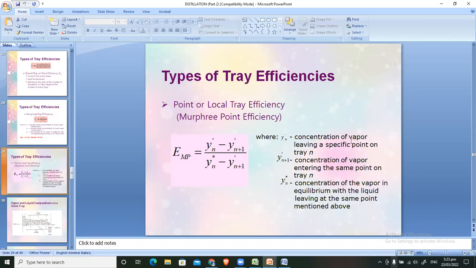So: the concentration of vapor leaving a specific point on tray N, the concentration of the vapor entering the same point on tray N, and the concentration of the vapor in equilibrium with the liquid leaving the same point, which is used as a reference, with the y sub n prime and the y sub n plus 1 prime in here. Okay?